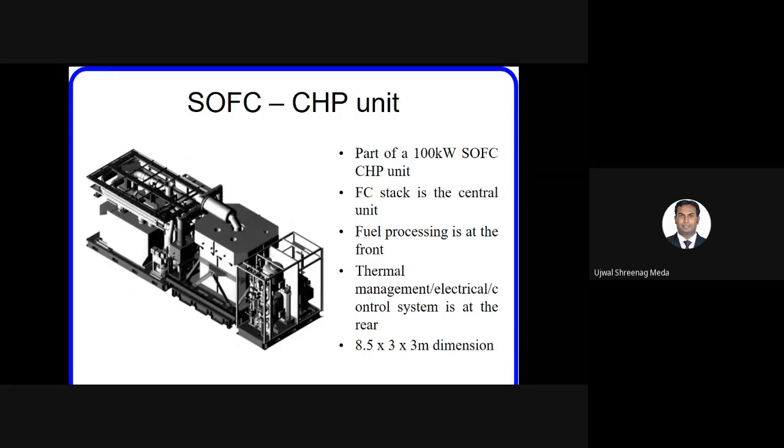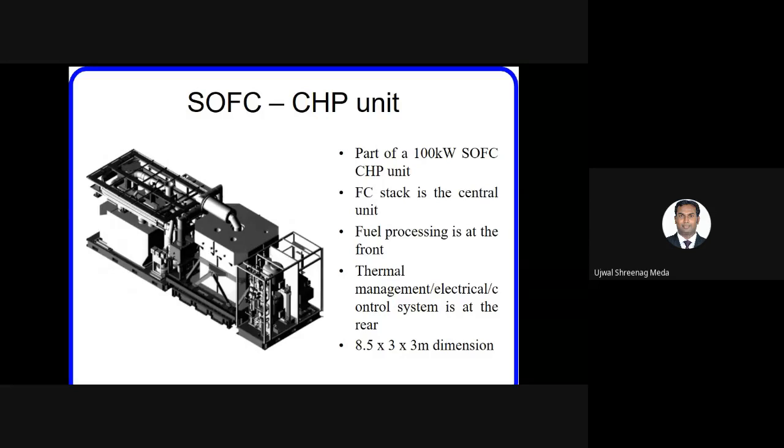And also because of the high temperatures involved, the steam that comes out at a very high temperature can definitely be utilized to generate power further by running turbines, which is known as CHP.